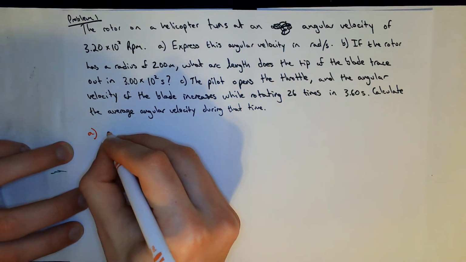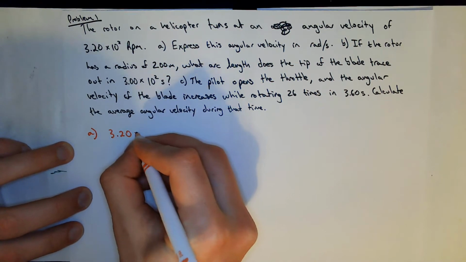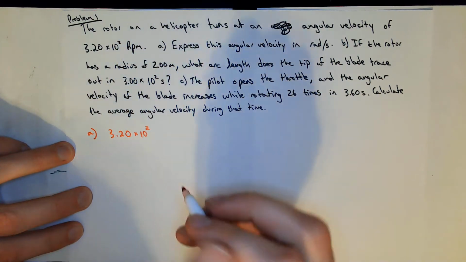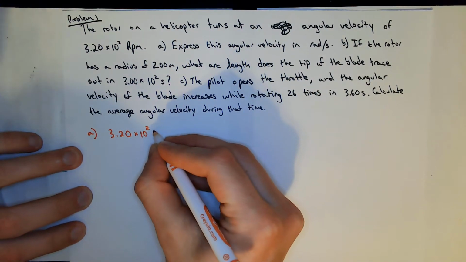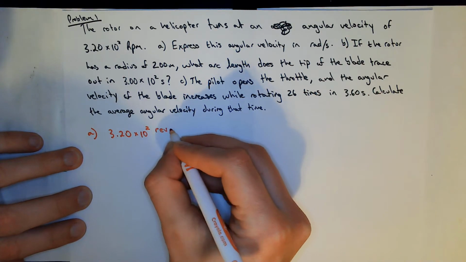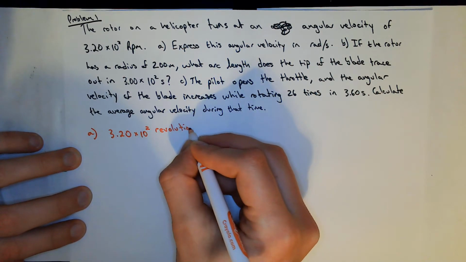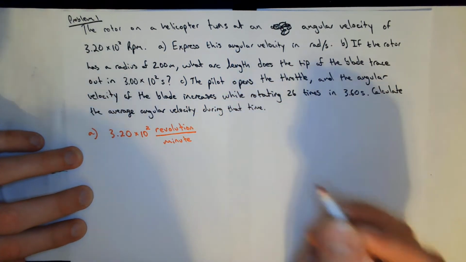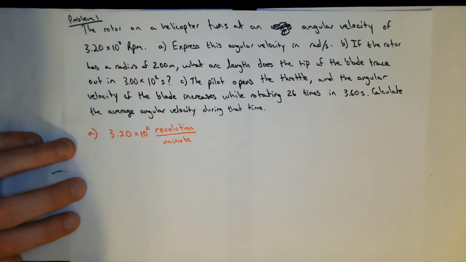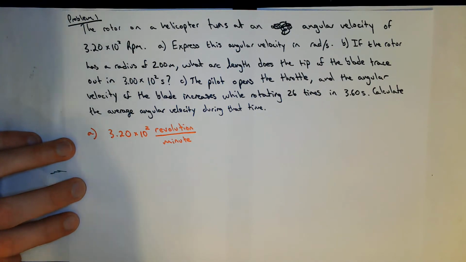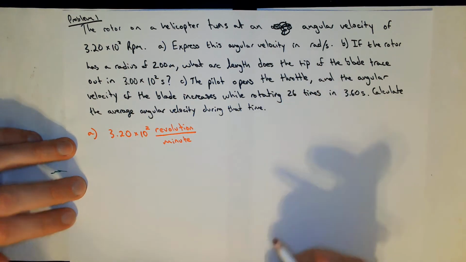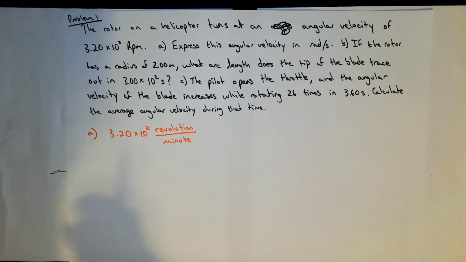So we want to take 3.20 times 10 squared, and instead of just RPM, I'm going to write it in a more useful form for dimensional analysis, revolutions per minute. That kind of gives me a hint as to what I should do to cancel out the minutes and the revolutions. So I know that 1 revolution is equal to 2 pi radians.